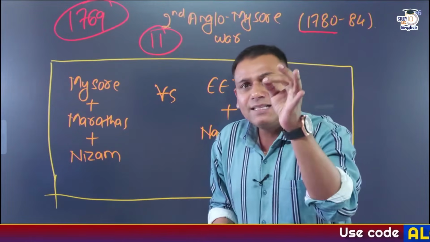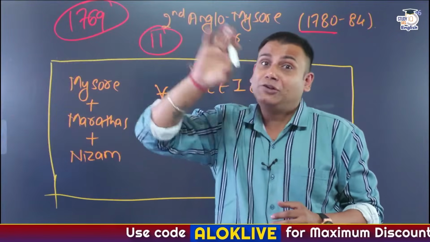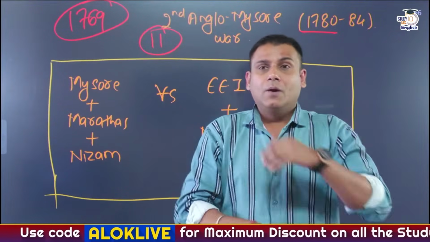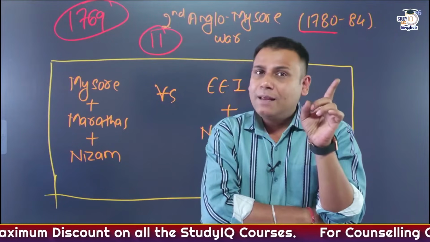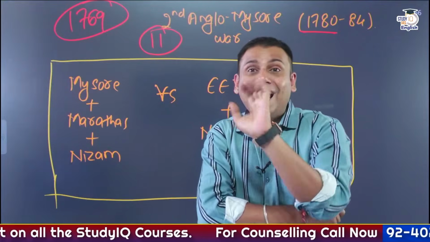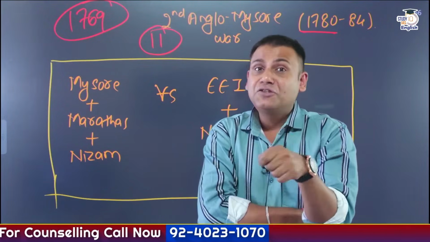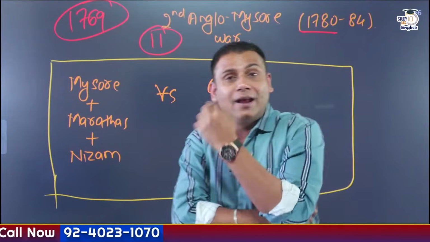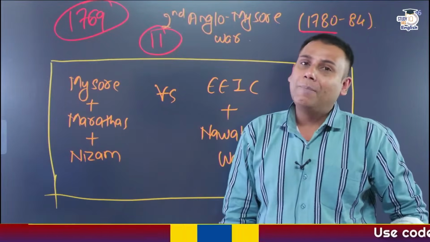In 1771, Marathas again attacked the region of Mysore. Okay, like I have told you previously, Peshwa Madhav Rao was given 30 lakh rupees. He was given certain territories of northern Mysore. But again in 1771, Marathas had attacked the region of Mysore.